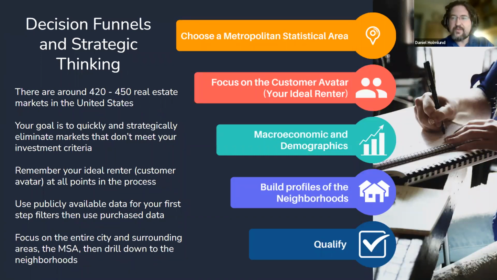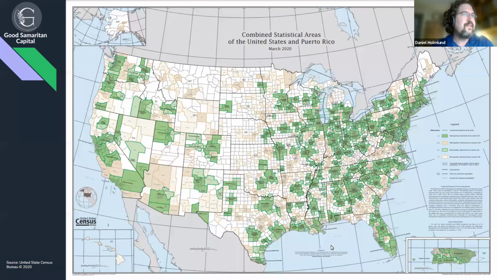And of course, knowing what the local HOA says, knowing what the city council says, the city planning commission, these are all critical to finding a good asset. And then focus on the entire city and surrounding areas and drill down into the MSAs. Finally, at the end, get your checklist out and score it.